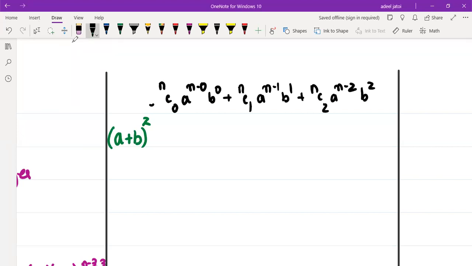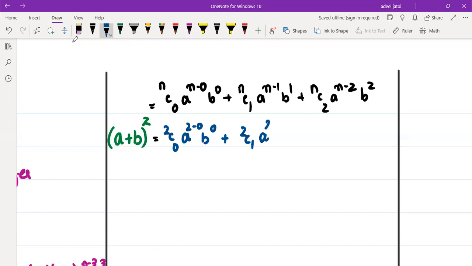Now, I can use 2 in place of n, which will be 2C0, and I can use a in place of a. This would be a to the power 2 minus 0, and b will have power 0, plus 2C1.